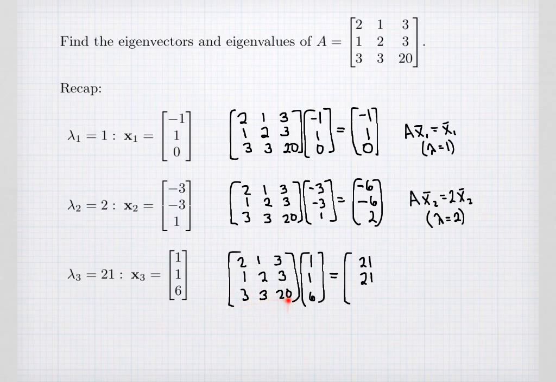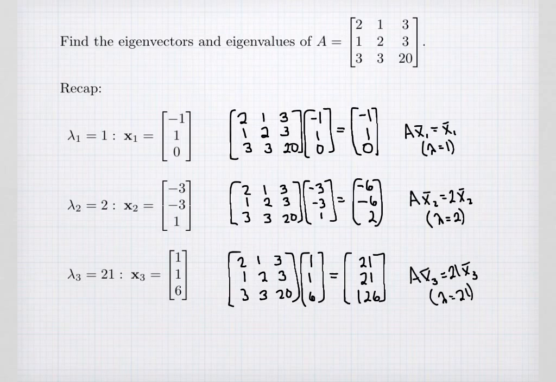And now 3, 3, 20, I get 3 plus 3, that's 6, plus 120 gives me 126. And this is 21 times our original vector. A x3 is 21 x3. And again, we found an eigenvector corresponding to an eigenvalue of lambda equals 21.